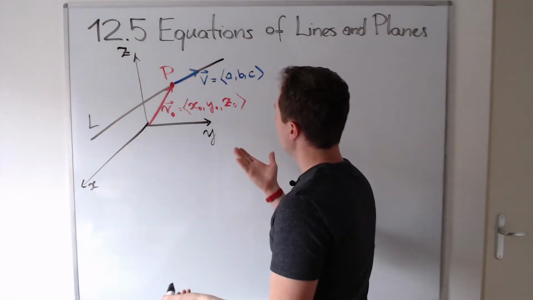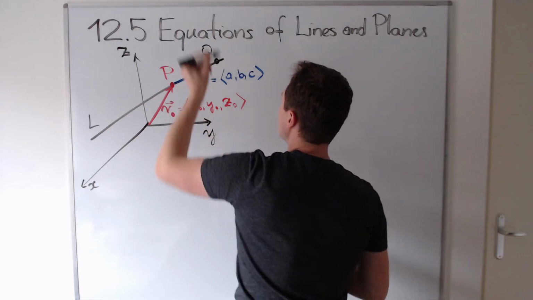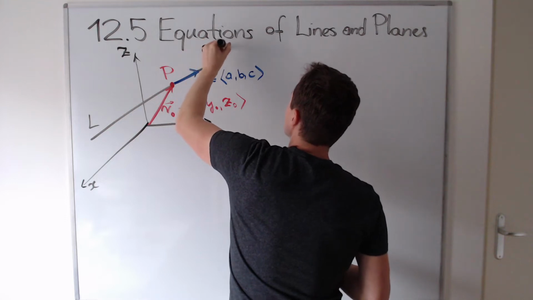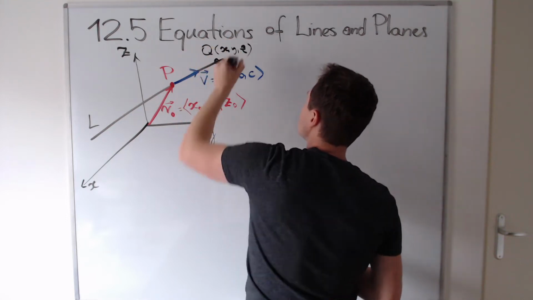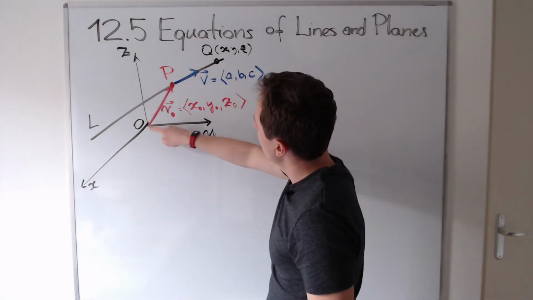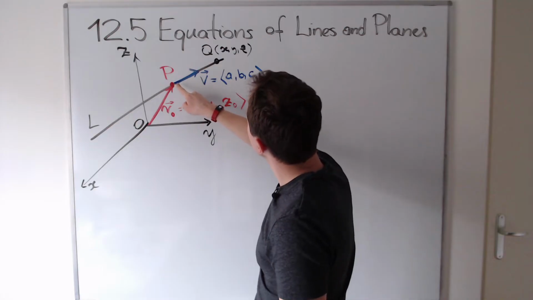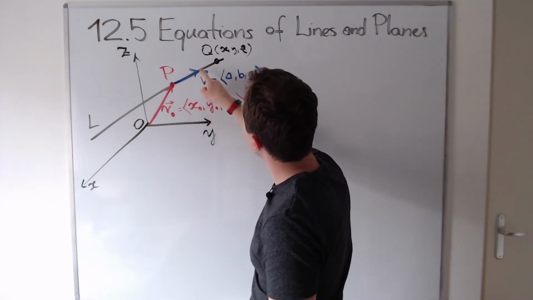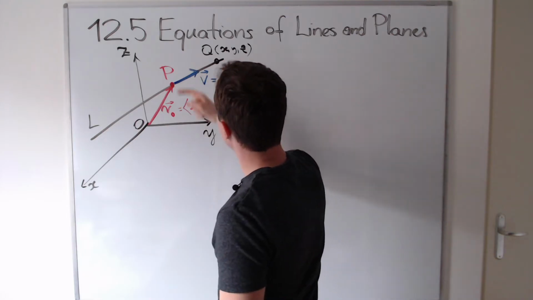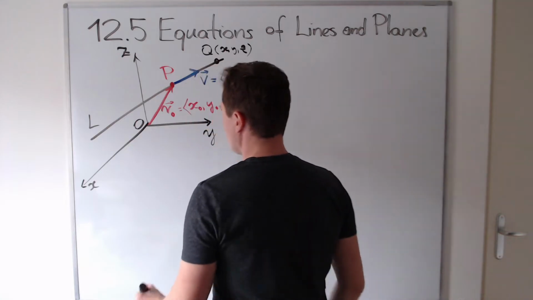So it basically tells you, well, to get to any other point on the line, to Q with coordinates x, y and z, what you have to do is start from the origin, follow the position vector R0, and then take some multiple of the direction vector v and add it to that to get there. And that's true for any other point on the line.